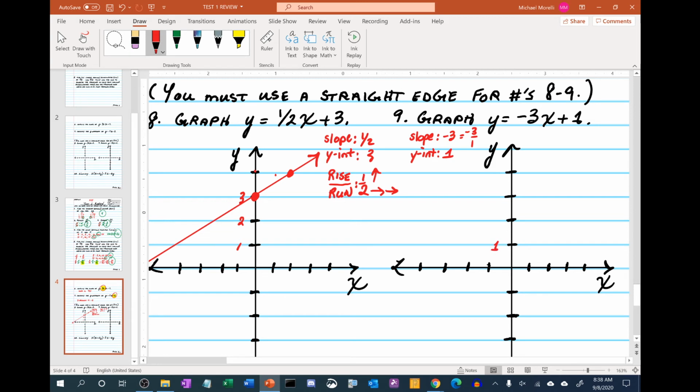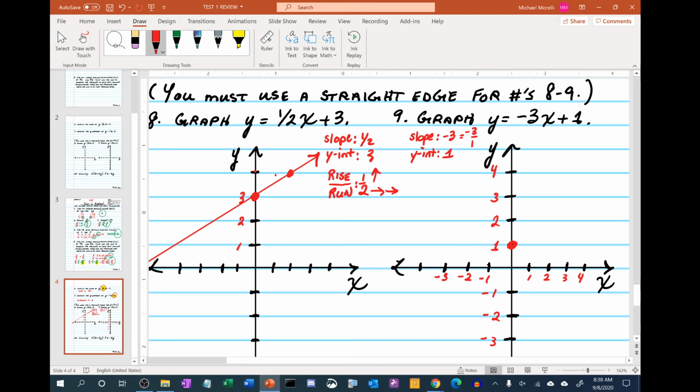So again, 1, 2, 3, 4. I'll just label these. We start off by plotting the y-intercept at 1.